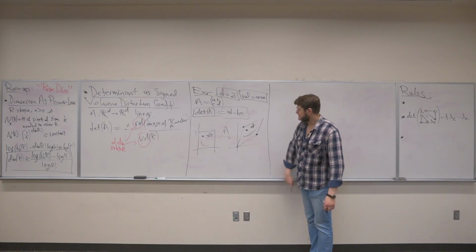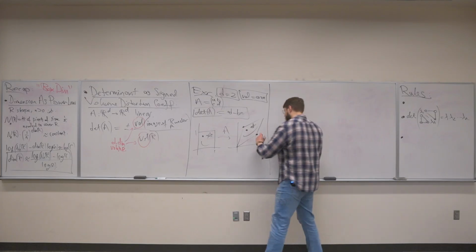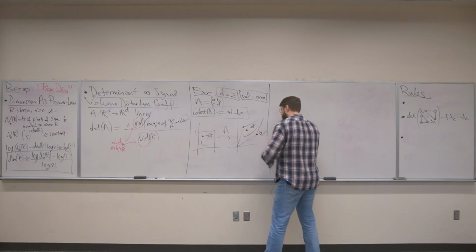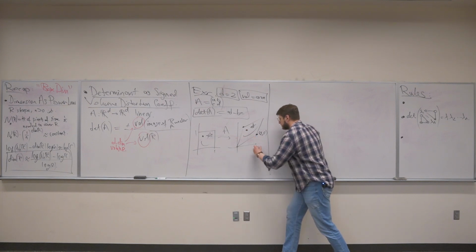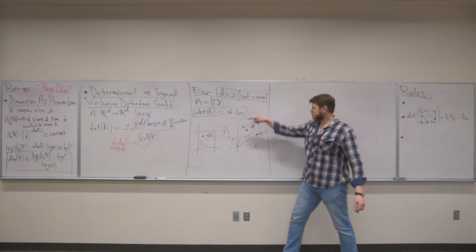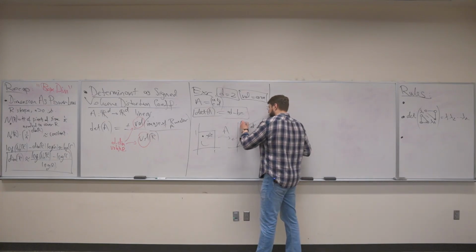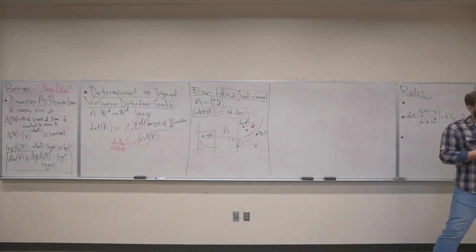This is where A takes 1, 0 to, so the coordinates of this point are AC. The x-axis here is A, the y-axis is C, for instance. And likewise, the coordinates of this other point are BD. Okay so far?